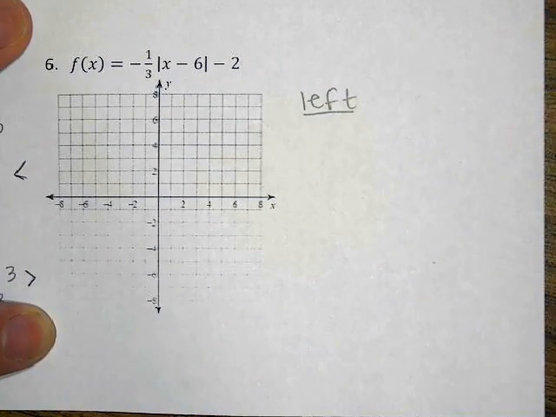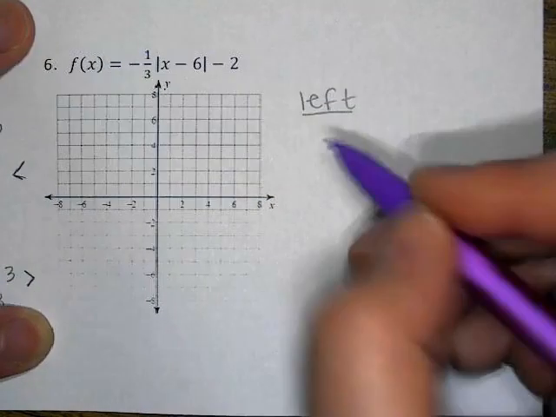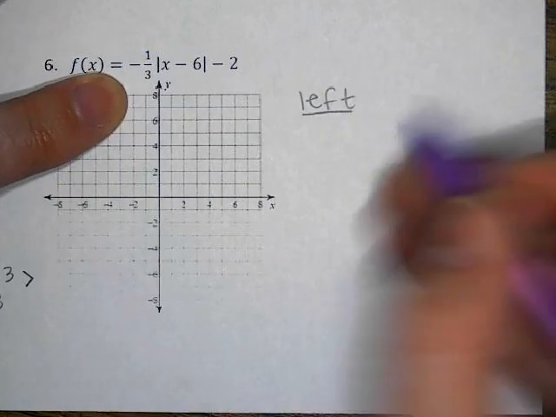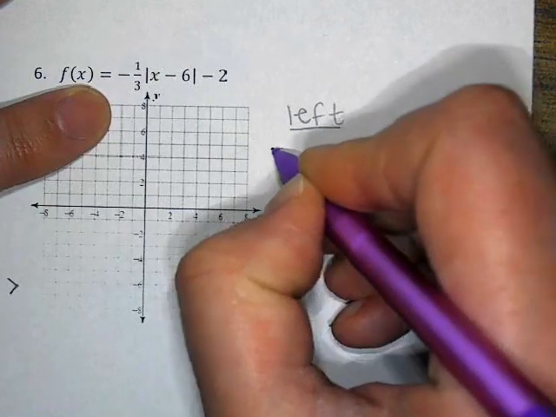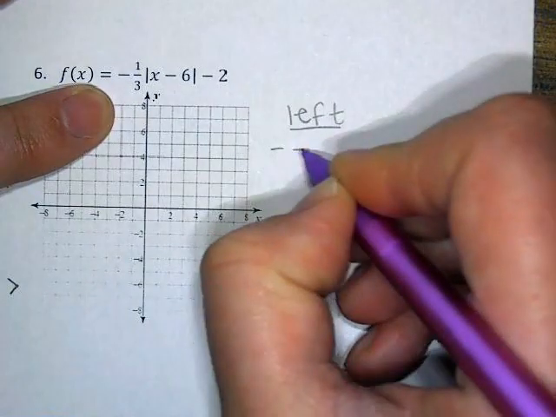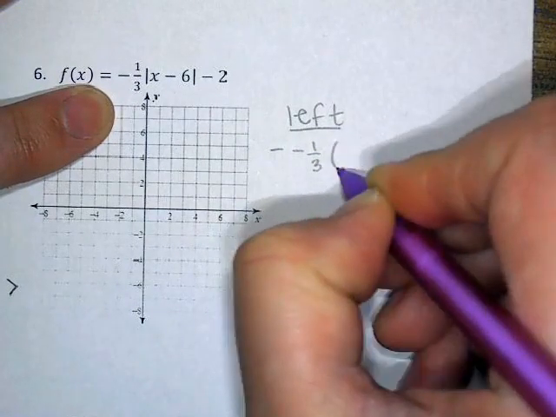So the left side says take the equation and stick a negative in front of it. So we're going to have negative of negative 1/3 times x minus 6 minus 2.